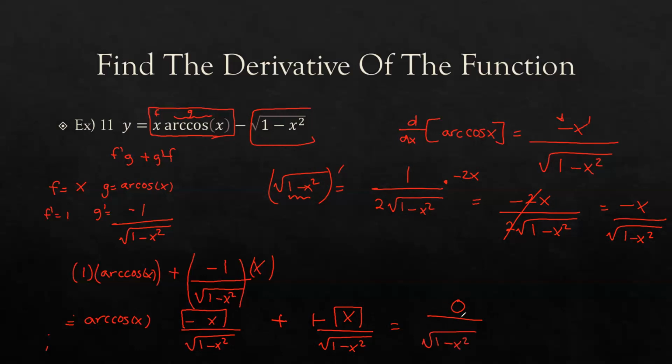And 0 over a number is always going to be 0. So this part right here becomes 0, and all we're left with is arc cosine x. So your final answer is y prime equals arc cosine x.